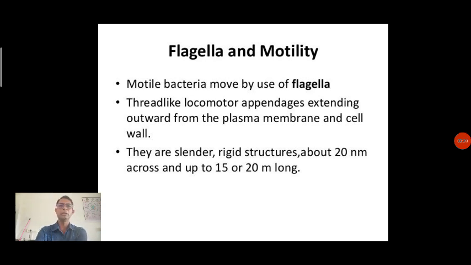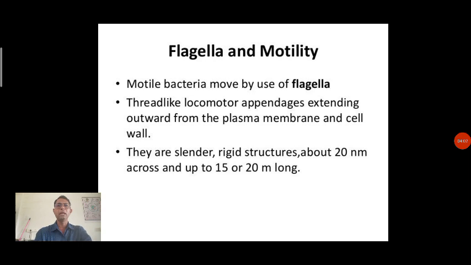They are slender, rigid structures, measuring about 20 nanometers across and up to 15 to 20 micrometers long. Depending on the type of bacteria, the size and length of the flagella differ, but the main function of the flagella is locomotion or motility.